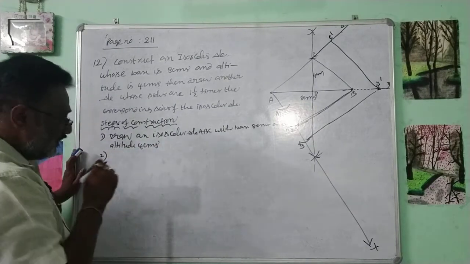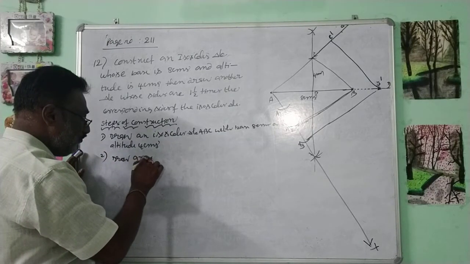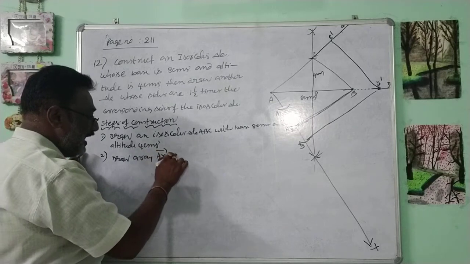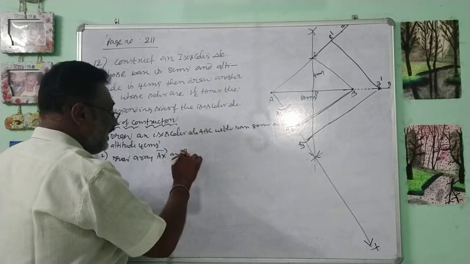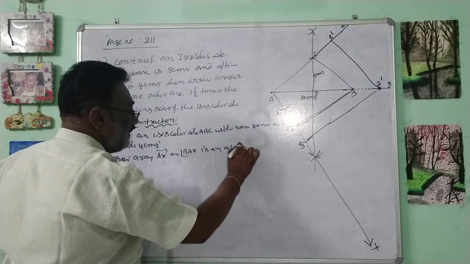Second one, draw a ray AX such that angle BAX is an acute angle.